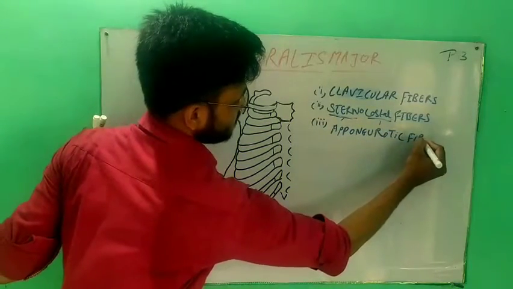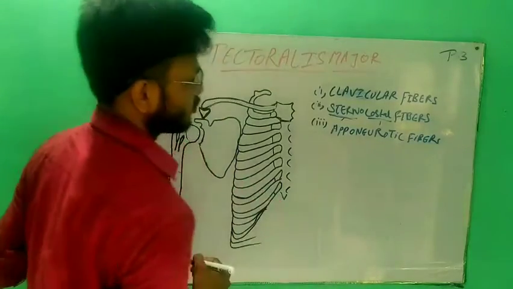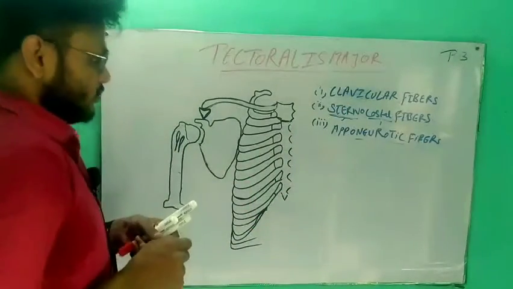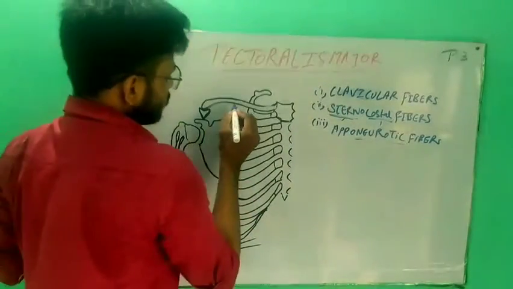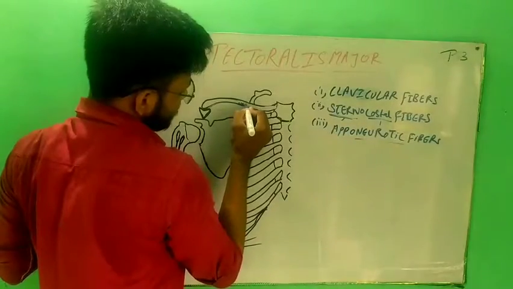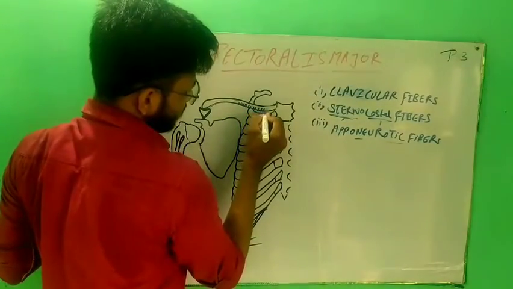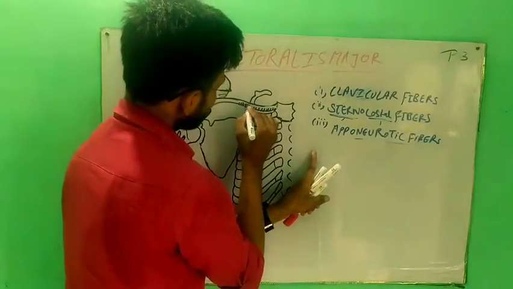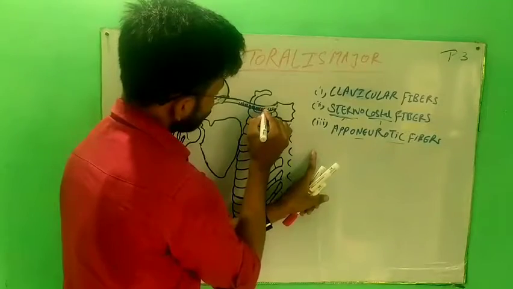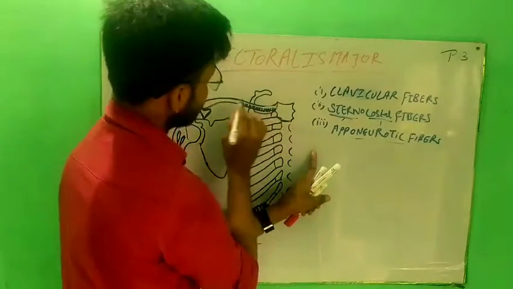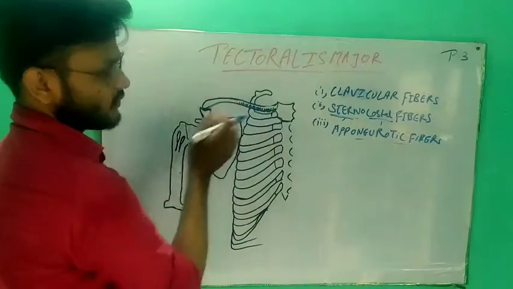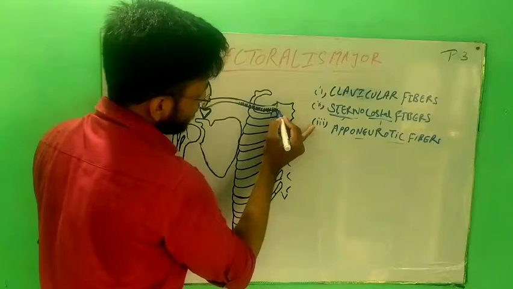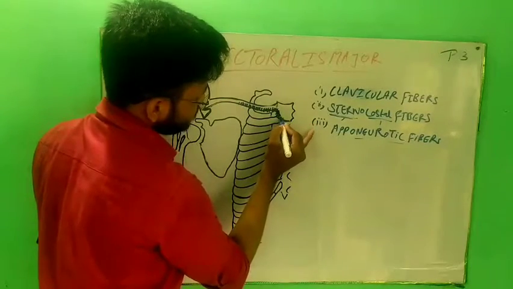Aponeurotic fibers. So clavicular fibers will originate from the medial two-third of the anterior surface of the clavicle and the lateral half of the anterior surface of the manubrium.